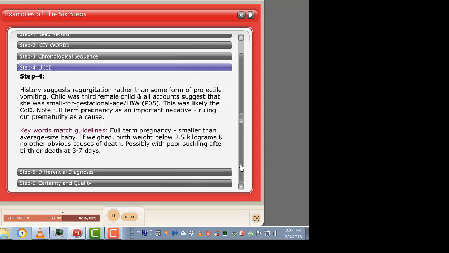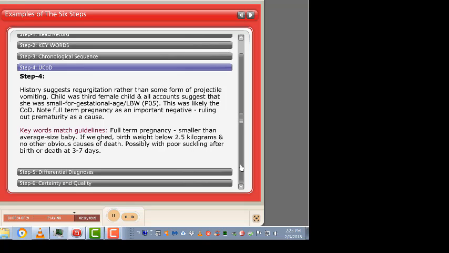Note full-term pregnancy as an important negative, thereby ruling out prematurity as a cause. As we discussed earlier, this is an instance where for neonates a risk factor such as LBW is acceptable as a cause of death. Keywords match the guidelines.